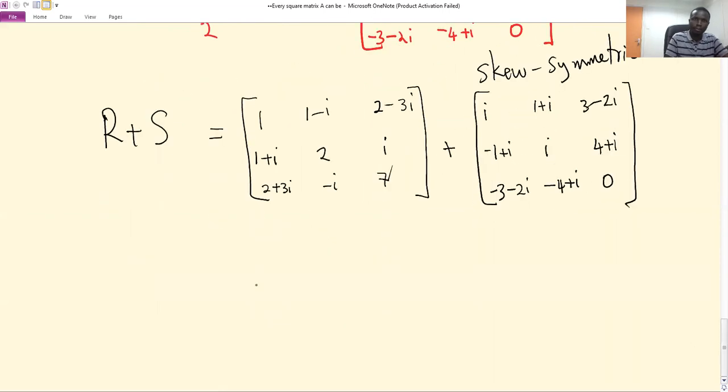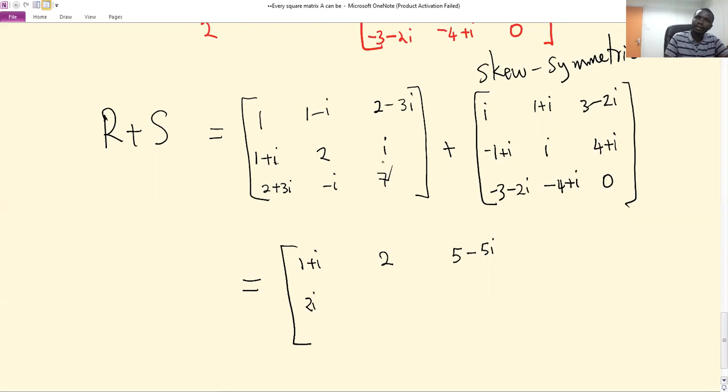So if we are to get this sum, now 1 plus I is 1 plus I. This plus this, so 2, because minus I plus I is 0. This plus this will be 5 minus 5I. This plus this, 1 minus 1, 0. So this will be I plus I, 2I. So remember this was here 1 plus I, so this will be 2I, correct?